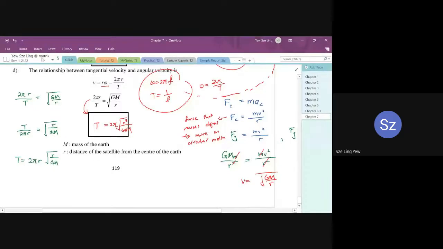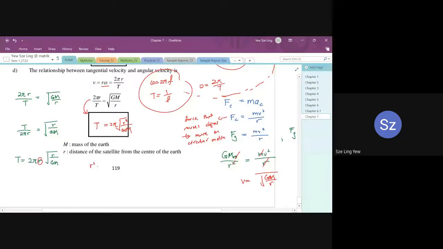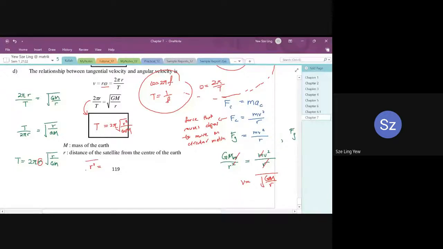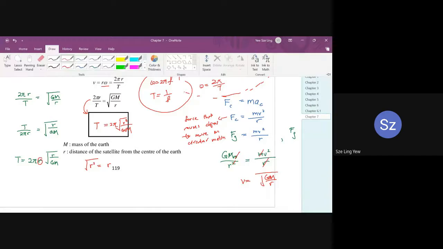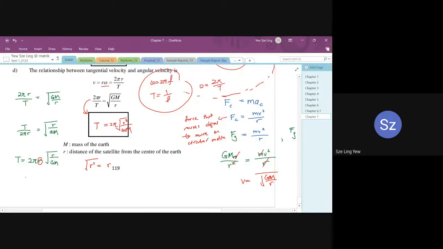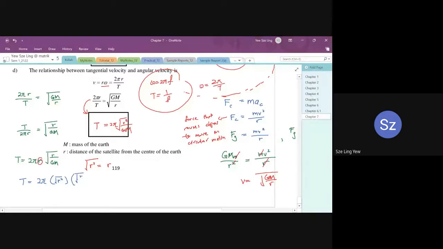Now you want to move this r into the square root. We know that the square root of r squared is equal to r. So these equations can be written as T equals 2 pi times the square root of r squared times the square root of r over GM.